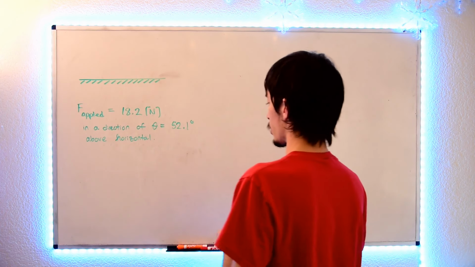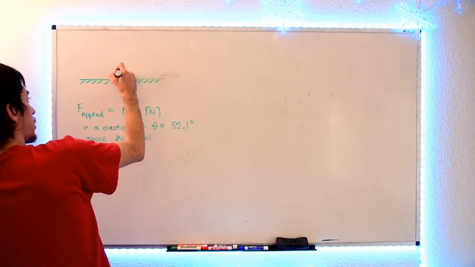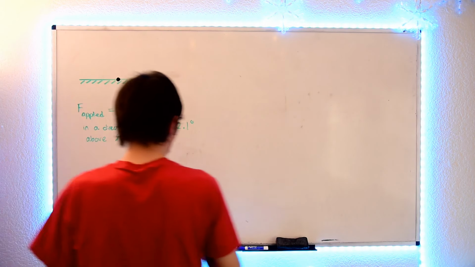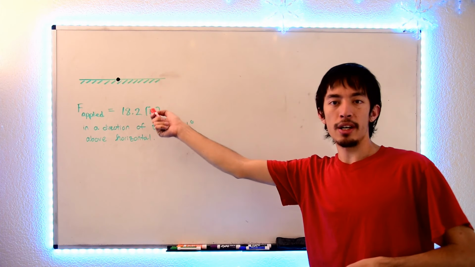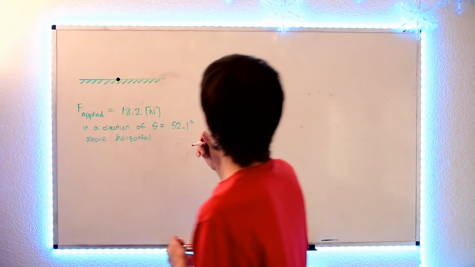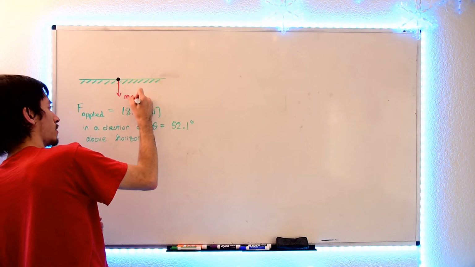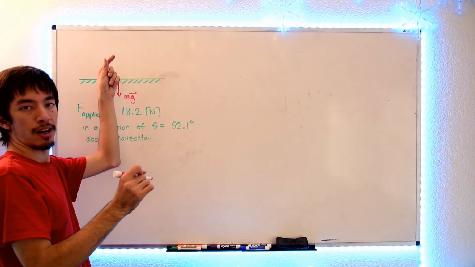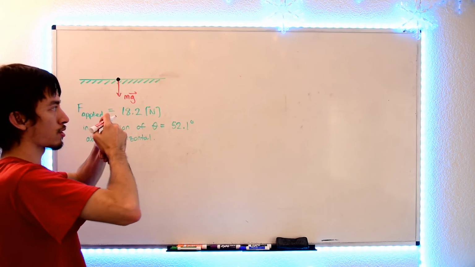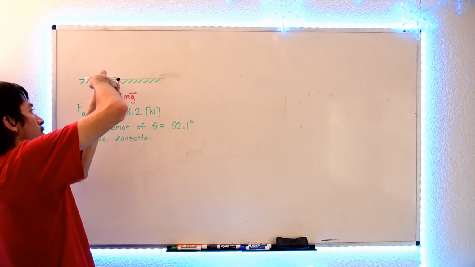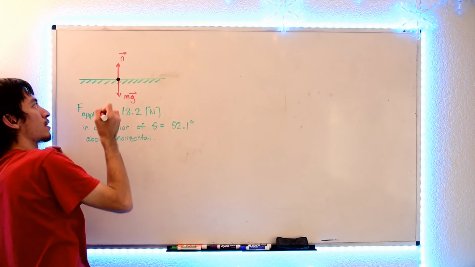Okay. So if I represent the cart as a single point in this diagram, here. We draw all the forces on it because we're interested in finding the work done. Because it has a mass, it immediately has a weight going straight down. The cart sits on a surface, so if it's in contact and pushes on a surface, then the surface pushes back, and that's the normal force, always perpendicular to the surface.